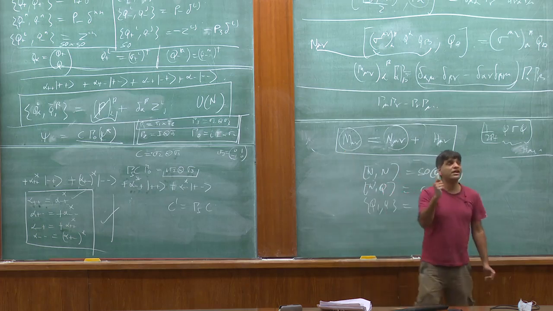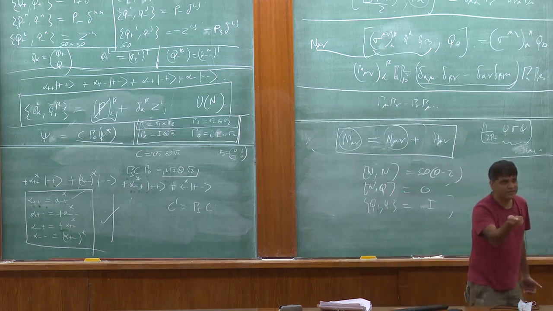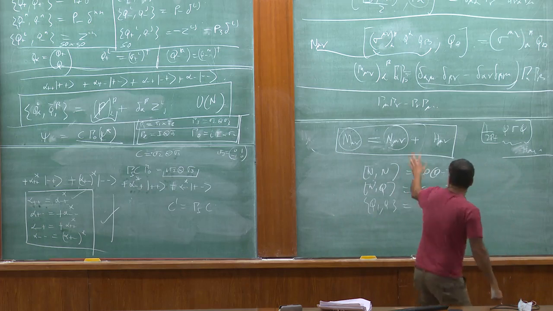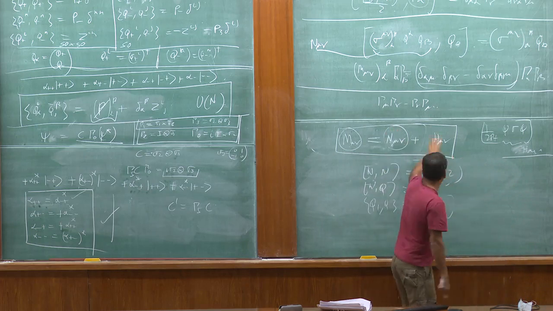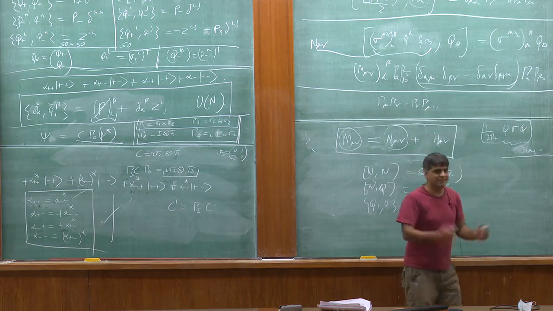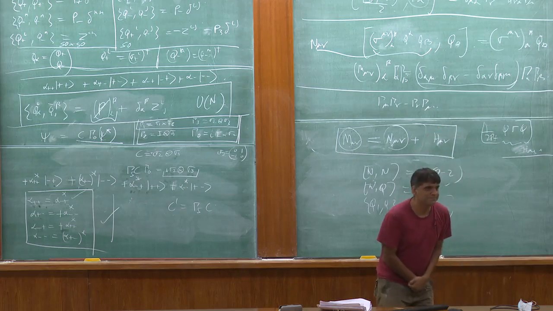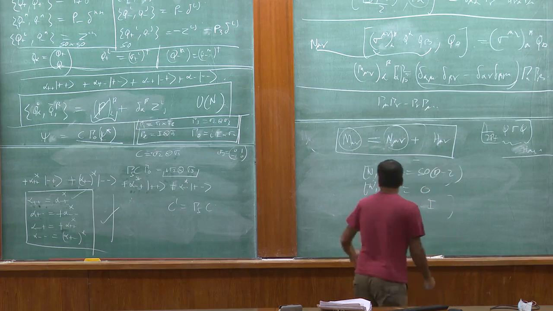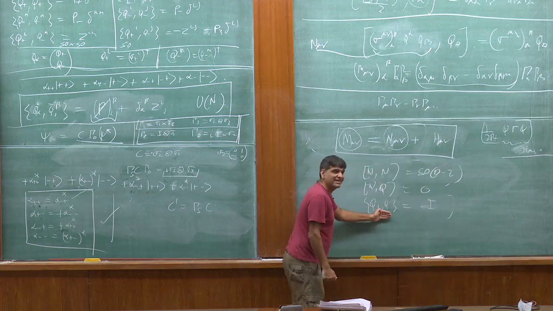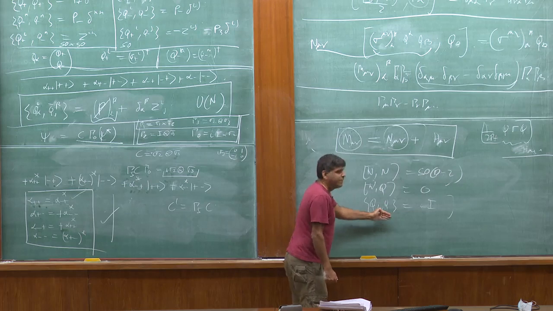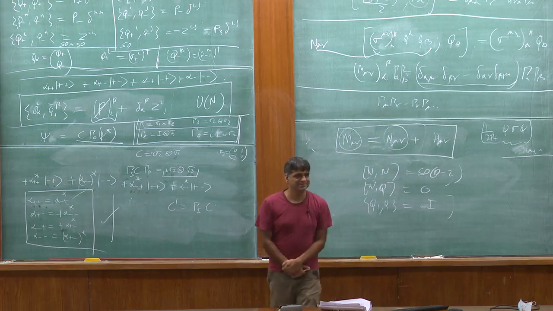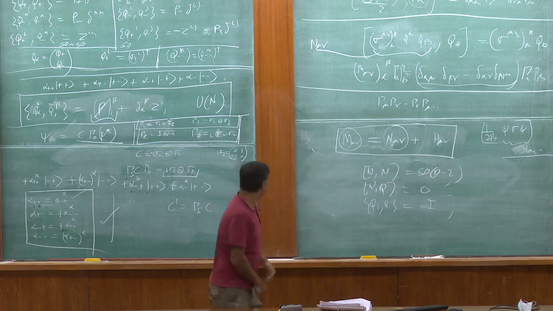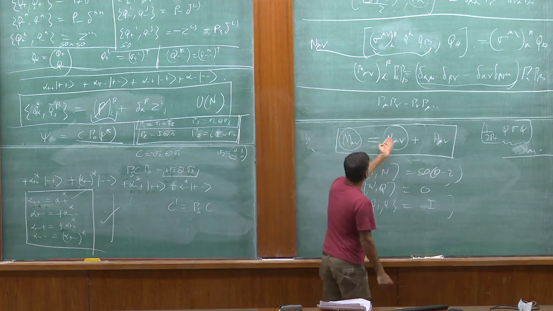It also gives you the correct M with Q commutation relations, because N commutator with Q is 0, but H commutator with Q is the right thing. Okay, so if we had an algebra like this, then we can construct out of this algebra the algebra we want, simply by identifying M is equal to N plus H.